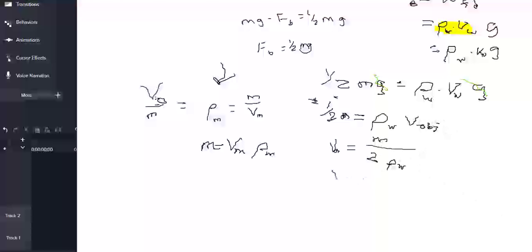So now I can say the volume of my object, plugging in for the mass here, equals the volume of my material times the density of my material over 2 times the density of water.